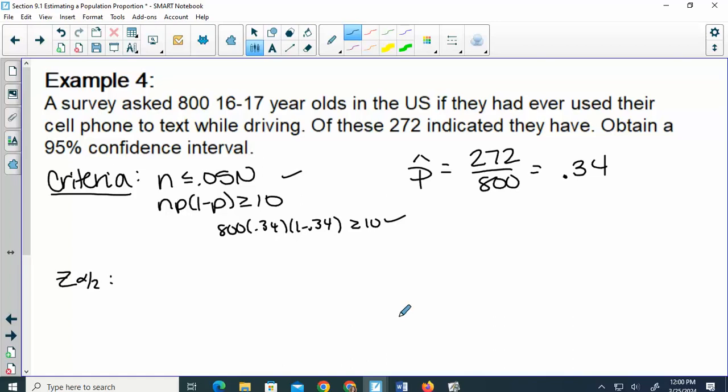All right, so did you guys check your criteria? And those are satisfied. P hat, did you get 0.34? So Z alpha over 2, if we want a 95% confidence interval, that means 95% is in the middle. So how much is left for the ends?